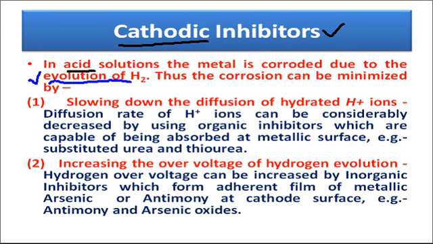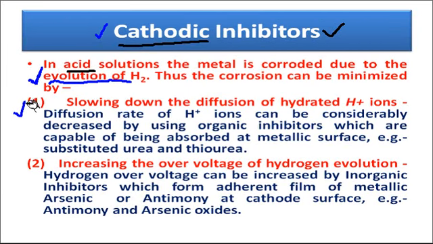First we are considering the acidic environment. If metal is present in the acidic environment, then at the cathode evolution of hydrogen takes place. So how can we minimize the evolution of hydrogen? By two ways we can minimize the evolution of hydrogen, that means the cathodic reaction.